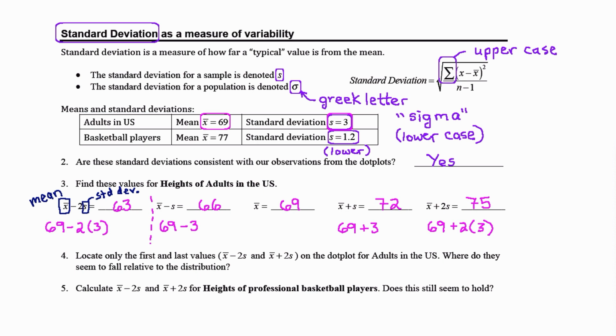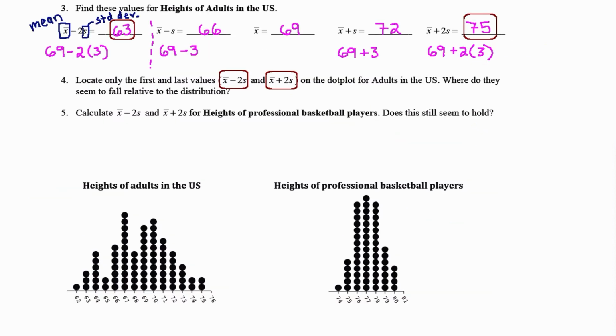So let's find on our distributions the first and last values that we just calculated. That means we're going to locate 63 and 75 on that dot plot that we were just looking at. So for heights of all adults in the US, here is my 63 and here is my 75.